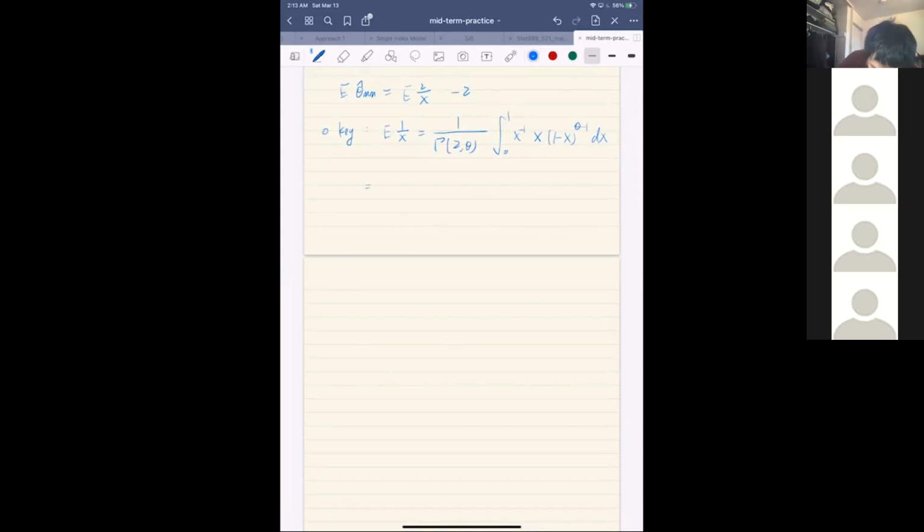So this is equal to the integral from 0 to 1 of, it should be, 1 minus x.